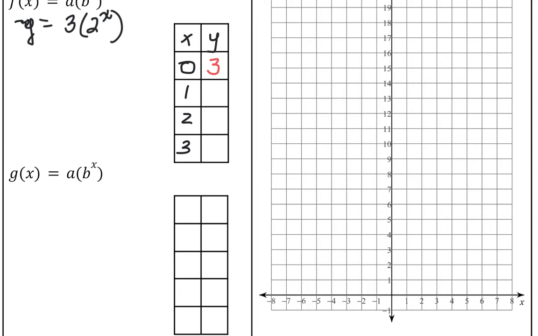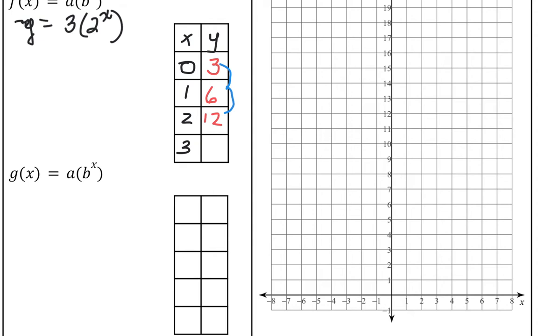F of 1 would be 3 times 2 to the first power. Exponents first, 2 to the first is 2, times 3 is 6. F of 2 would be 3 times 2 to the second power. 2 to the second is 4, times 3 is 12. And we notice, as we build these up, we're not increasing at a constant rate, right?